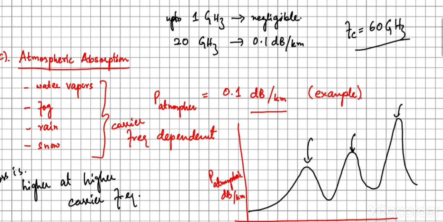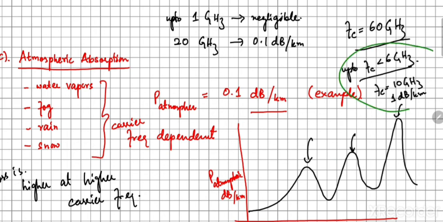For instance, for FC less than or equal to 6 gigahertz, the impact of rain, even heavy rainfall, is negligible, but at higher carrier frequencies, like FC equal to 10 gigahertz, the additional atmospheric absorption due to heavy rain increases up to 1 dB per kilometer. So this is the rain-related atmospheric absorption.